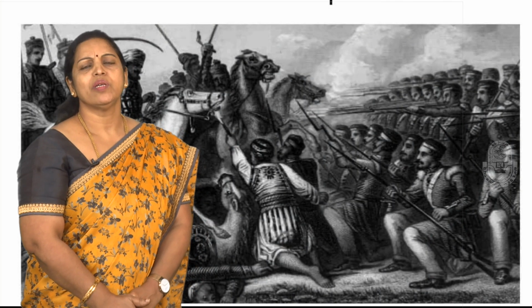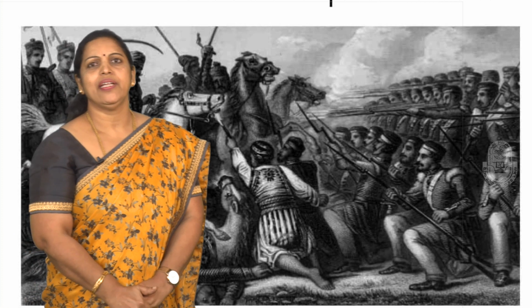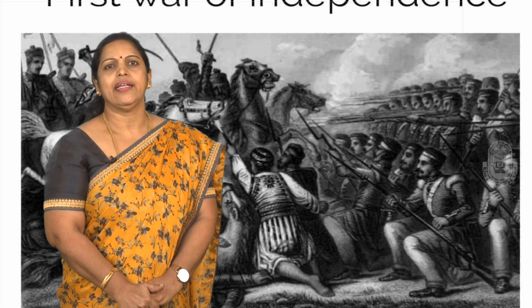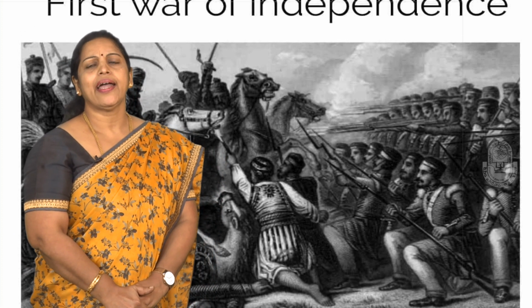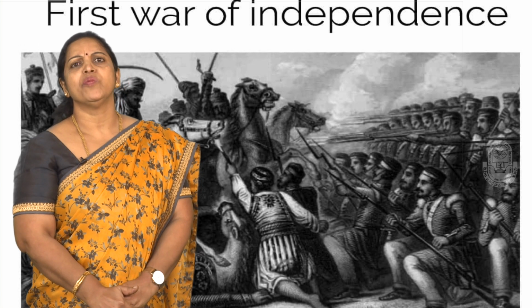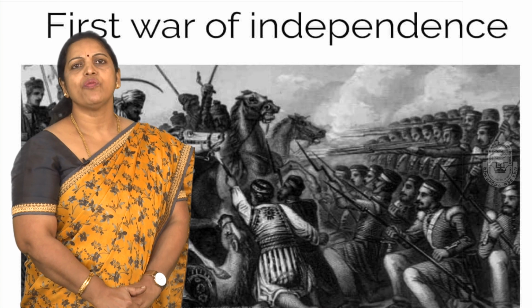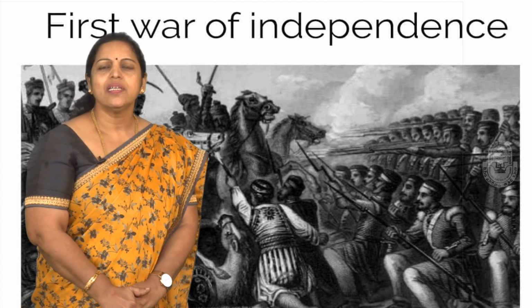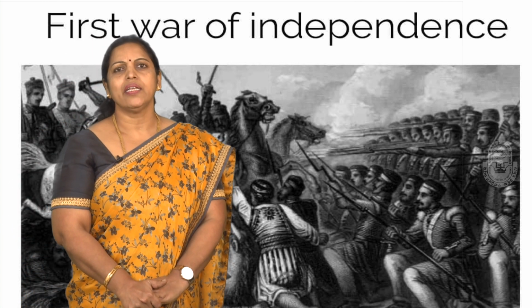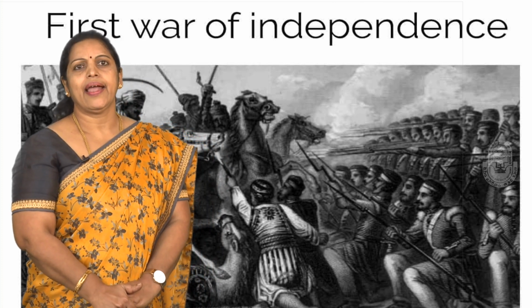I want to give some review of the Government of India Act 1858. This significant act was enacted in the wake of the Sepoy revolt, which is also known as the first war of independence. That means the war of independence started from here in reality.